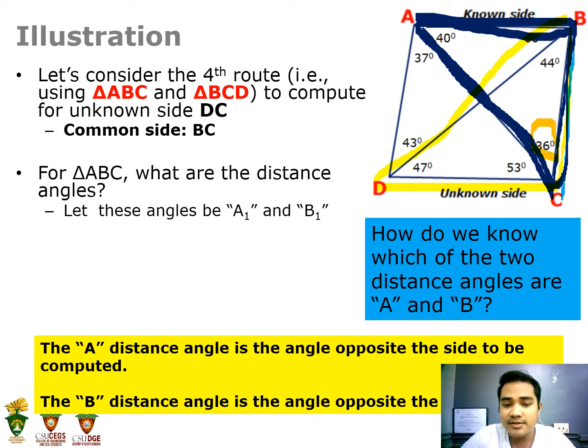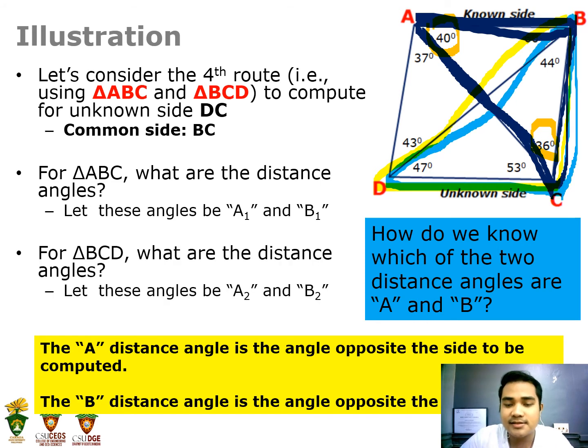And opposite of the unknown, 40. Now let's go to the second triangle, BCD. What are its distance angles? Opposite of the unknown is 44, and opposite of the known side, which is BC, now our known side, is 47.